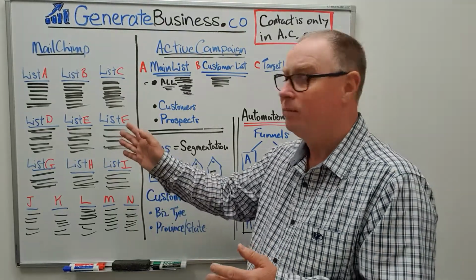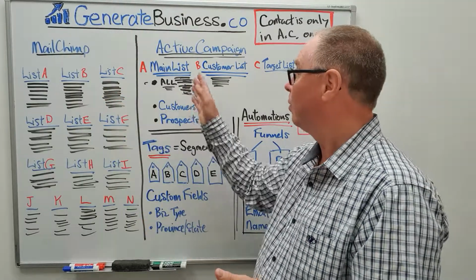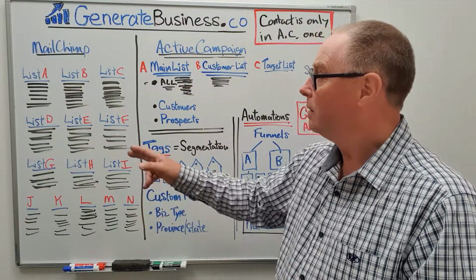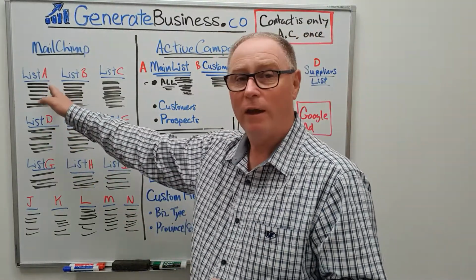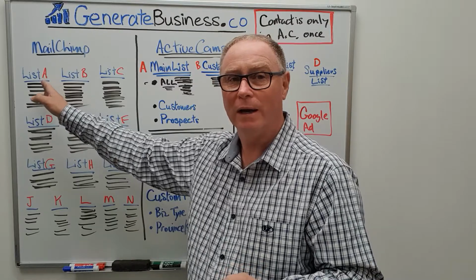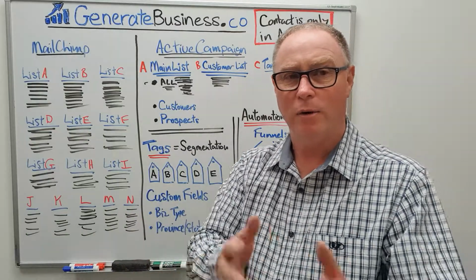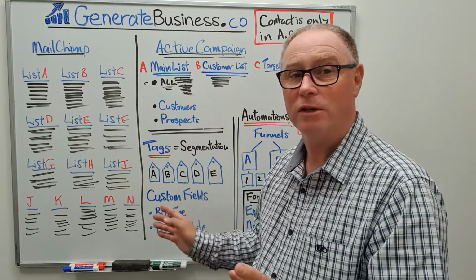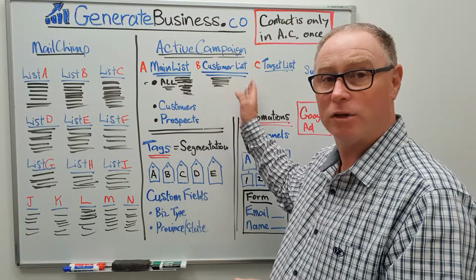So now come back over to the lists process. If you're an ActiveCampaign user and you've imported and you've got heaps of lists, the person's in there once but you've got multiple lists, how do you get rid of them? If we assume that List A is a target you've had in the past that's purchased a product, and so you've put them in a list to market to them about it or to follow up, what you can do is export List A to an Excel spreadsheet, give them a tag, and you can add some custom fields at the same time if you want, and then import them into main list and customer if they're now a customer.